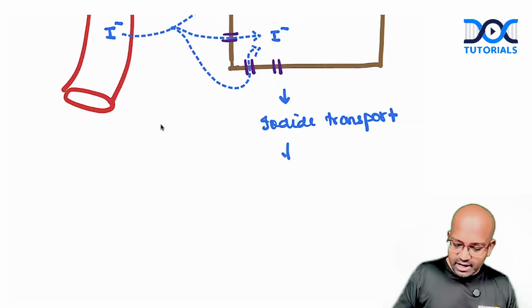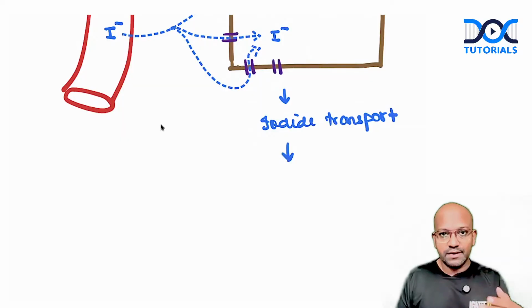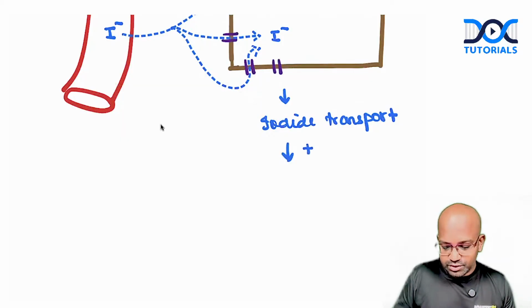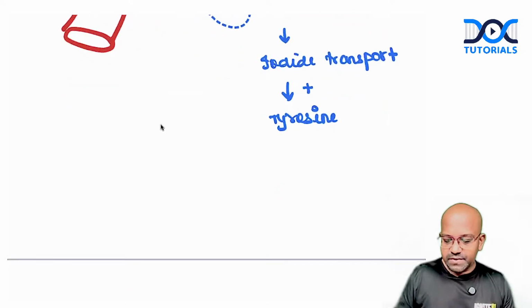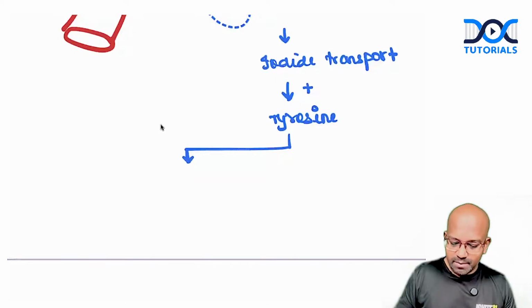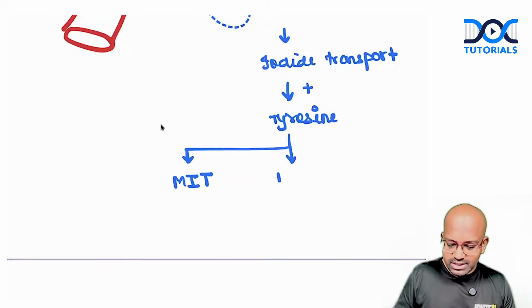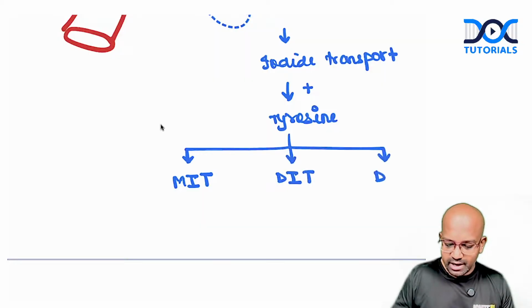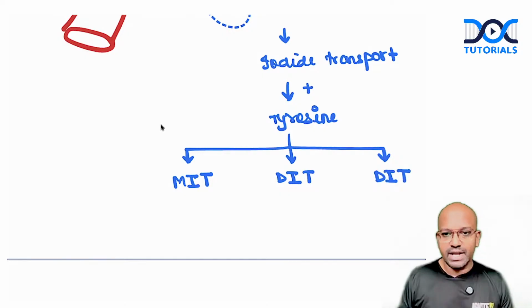This iodide which is getting transported into the follicular cells will in turn fuse with the tyrosine residues. If one iodine is fused, it will be named monoiodotyrosine. If two iodines are fused, it will be named diiodotyrosine. I'm going to write two examples of DIT over here.